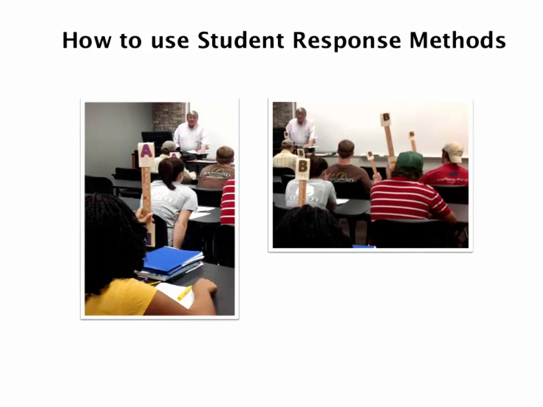He just scans the room and sees who answered what. Then he can immediately assess, are they getting it, or is a certain student not getting it? I can address them. And again, that's immediate feedback for the students as well as for him. That's a pretty simple approach.